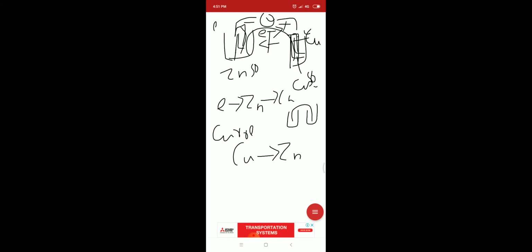In which electrode is oxidation happening? Yes, in the zinc electrode oxidation is happening. The electrode where oxidation happens is known as the anode. In previous 9th class we already discussed this. Then in which electrode is reduction happening? That is copper. Here copper is the cathode.